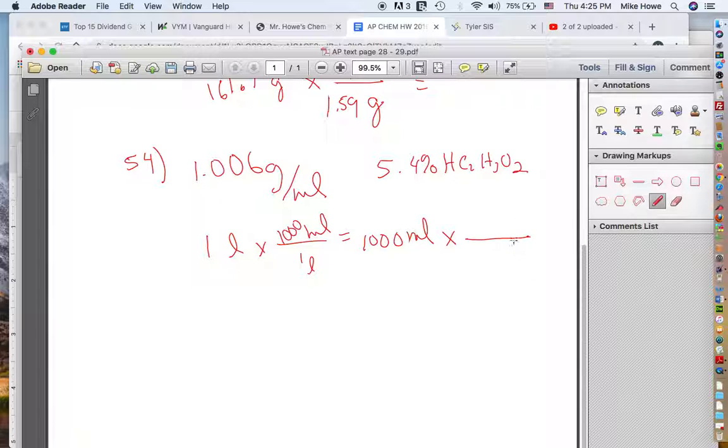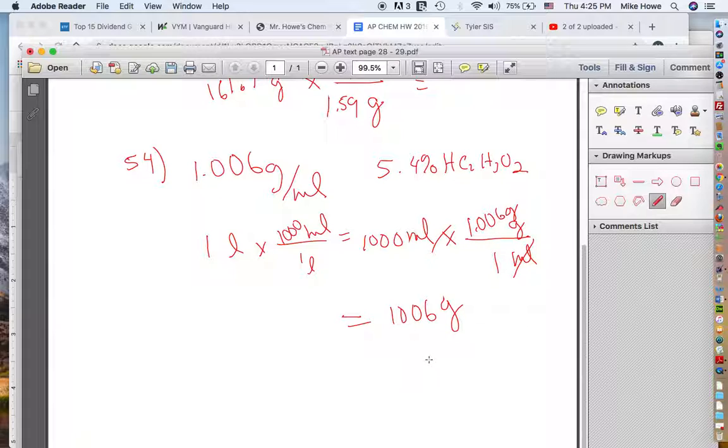So where would I put milliliters, top or bottom? I'm hoping you said bottom. Grams on top. There's 1.006 grams per every 1 milliliter. So now 1,000 times 1.006 is 1,006 grams. Milliliters cancels. So that's how many grams of vinegar you got.